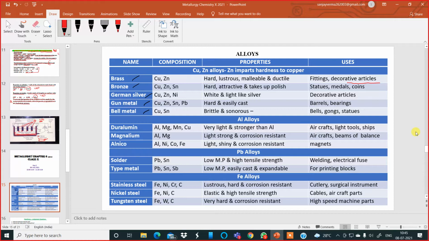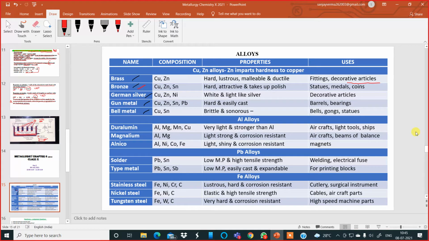The next alloy of copper is bronze. The composition of bronze is copper, zinc and tin. The properties of bronze: it is also hard, it is attractive, and it takes up polish.